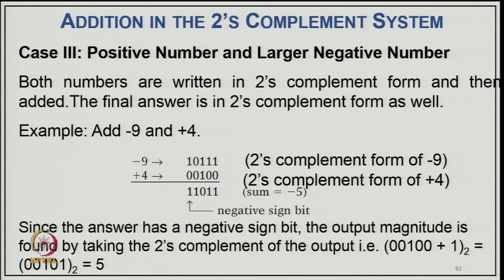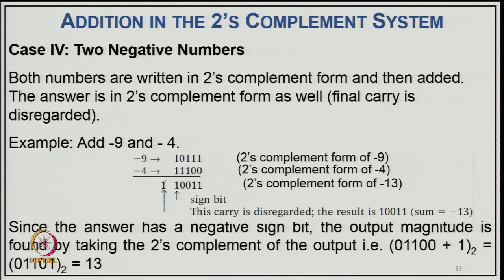The sign bit is 1, the minus sign bit, and when we sum, the sum is minus 5. Since the answer has a negative sign bit, the output is found by taking the two's complement of the output number. So, the two's complement of this number is 1 1 0 1 1 plus 1, that is 0 0 1 0 1, equivalent to 5, so the result is minus 5.